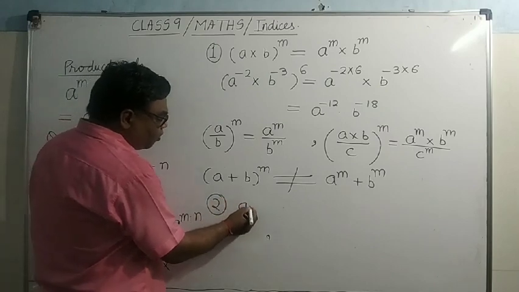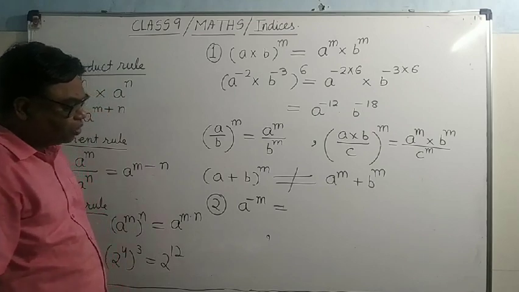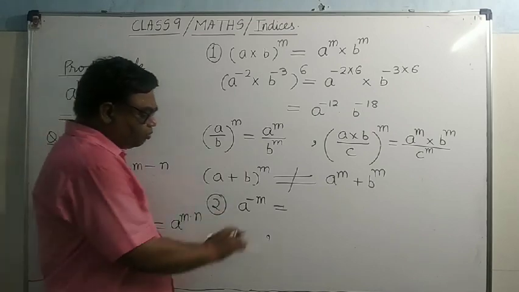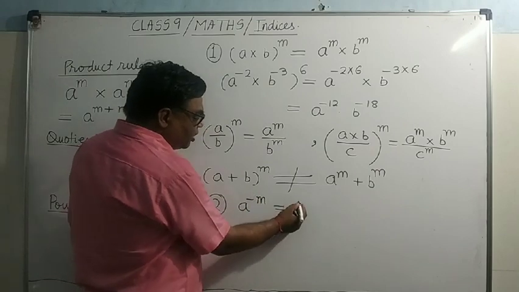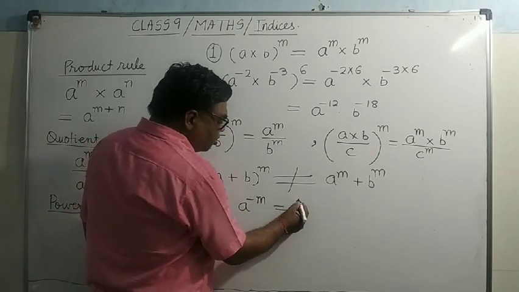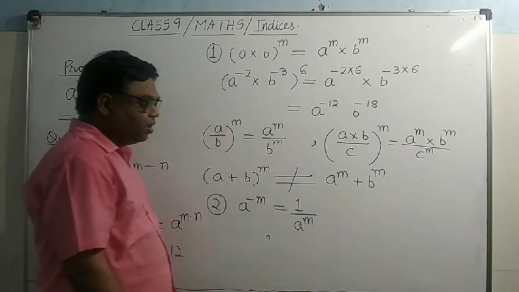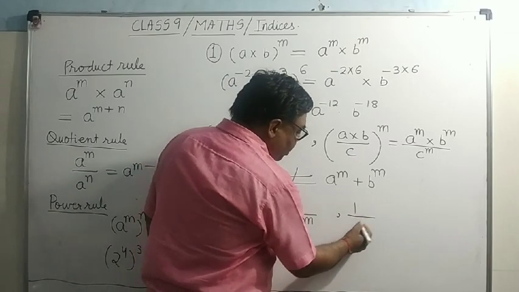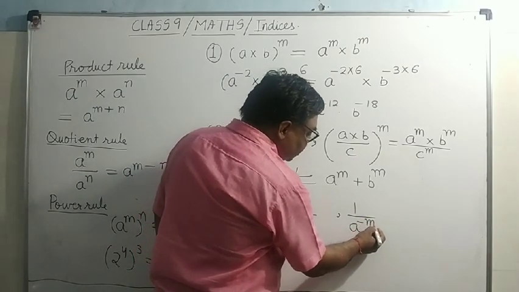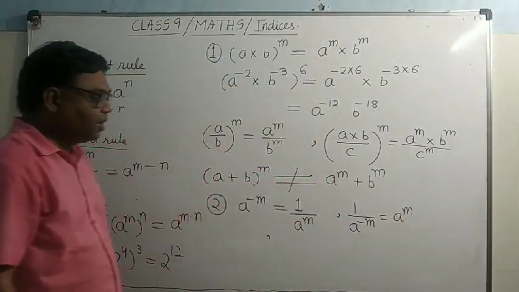Suppose a to the power minus m. If you have to make this power positive, how will you make it positive? By carrying it to the denominator. When you carry it to the denominator, 1 will be left upon a to the power m. Is it clear? Or you can write 1 upon a to the power minus m equals a to the power m.